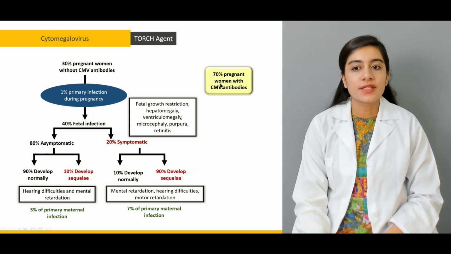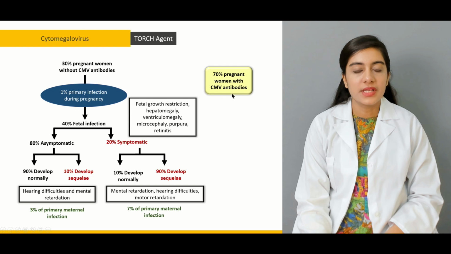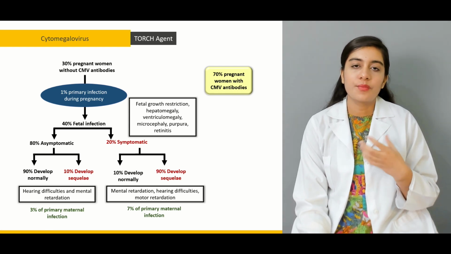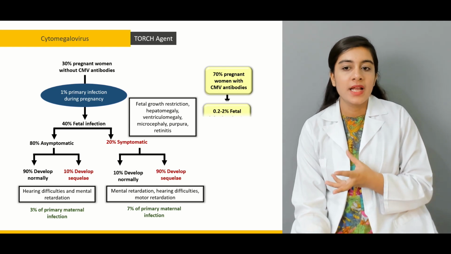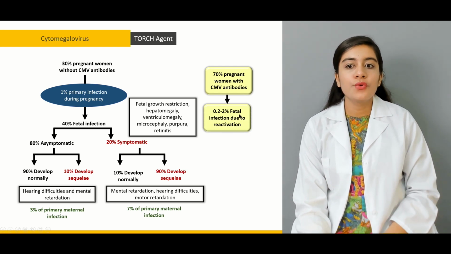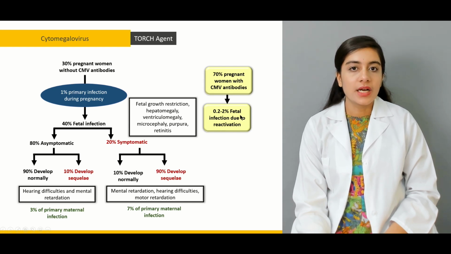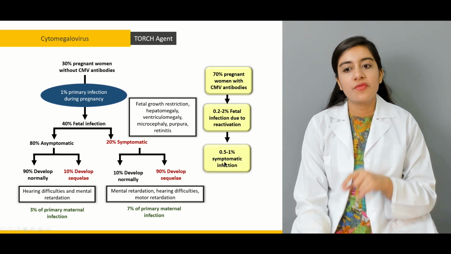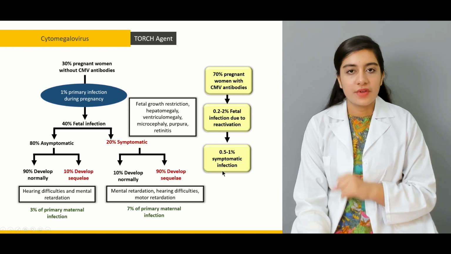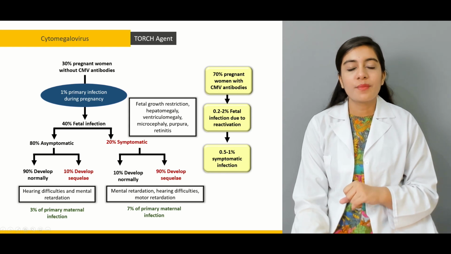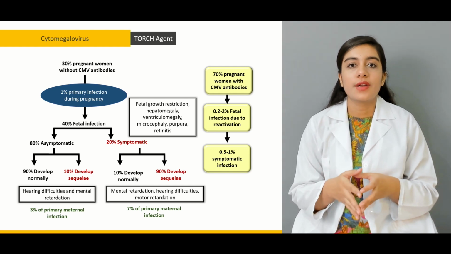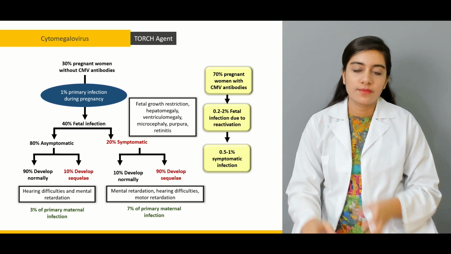But now in this case, in which the 70% of pregnant females were immunized or had prior antibodies against that infection, there is 0.2 to 2% fetal infection due to reactivation of the organism inside the body. And out of that, 0.5 to 1% symptomatic infections will be produced. So the presence of antibodies against these types of viruses is important when we are talking about prevention.